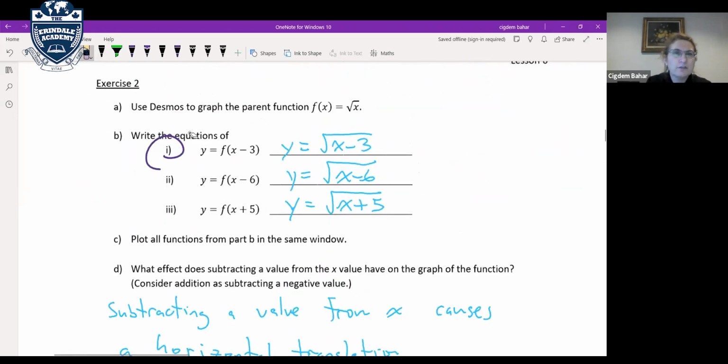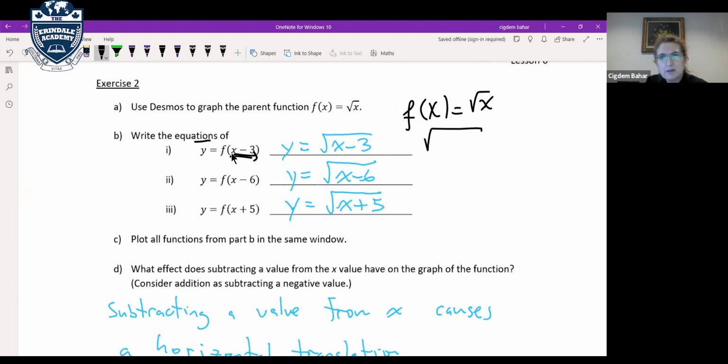Now, look at the new function. This is the square root function. It says, can you write the equation f of x minus 3? So your original function is the square root function. It says move 3 to the right. So this is the new function.